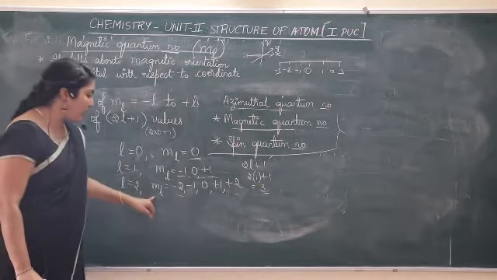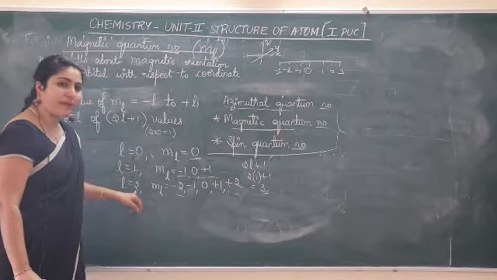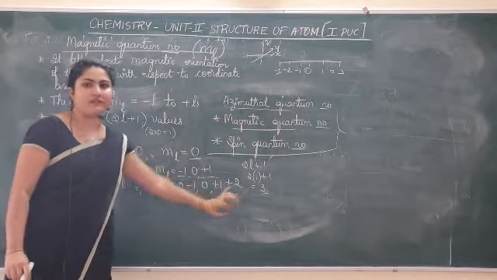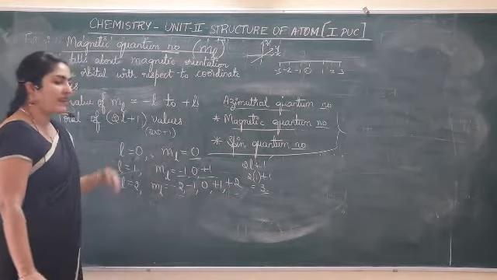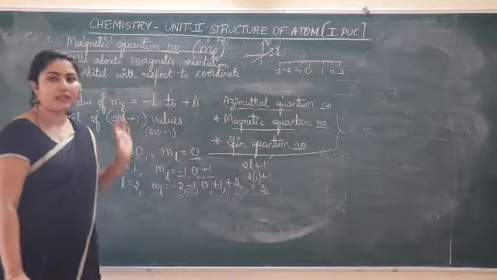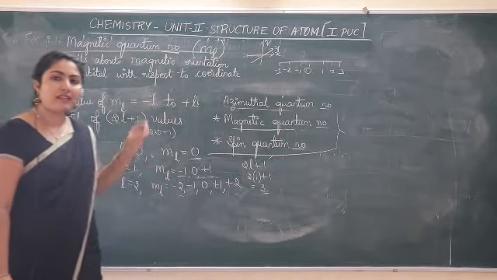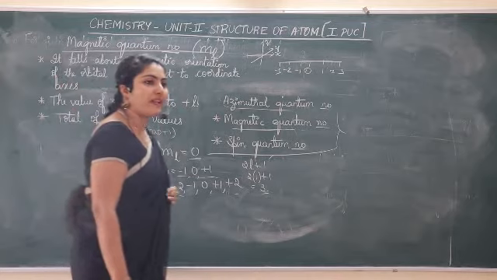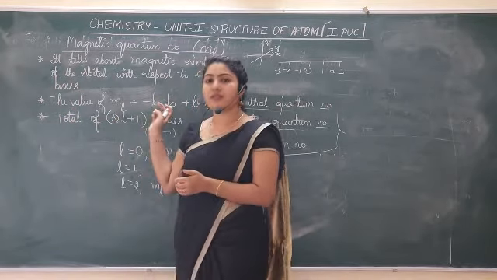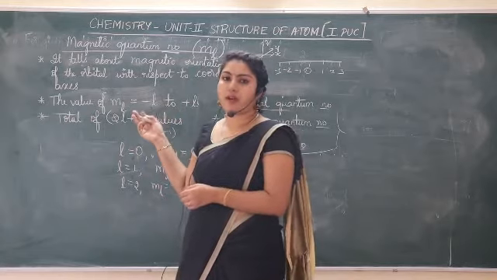Here 2L plus 1 means 2 twos are 4 plus 1, 5, so 1, 2, 3, 4, 5. Like that, total of 2L plus 1 values we can have for magnetic quantum number. The main thing is to understand what it is explaining: the orientation of electrons with respect to coordinate axis.